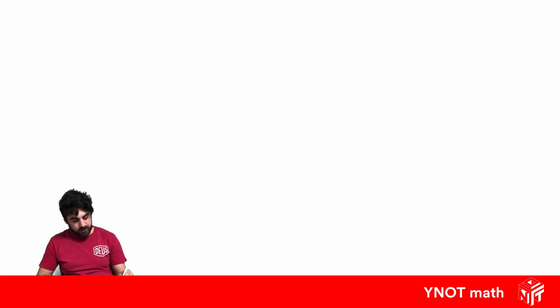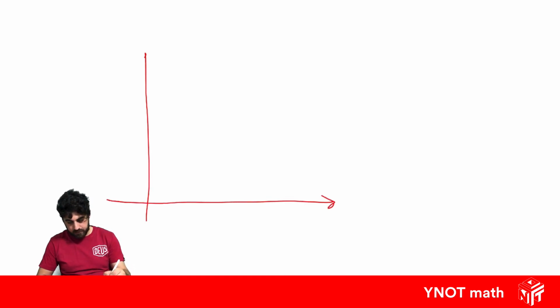And let's have a look at another example. We've got our xy axis. And let's look at a vector with x component 1 and y component 2, which means it goes across 1 and up 2.